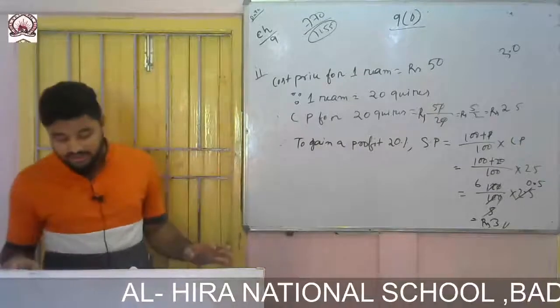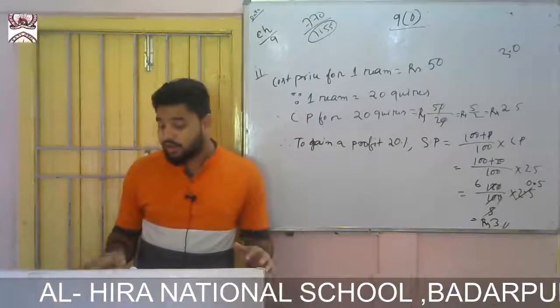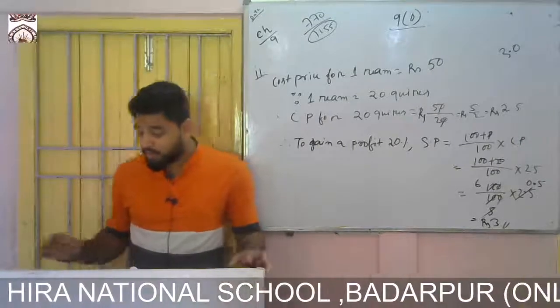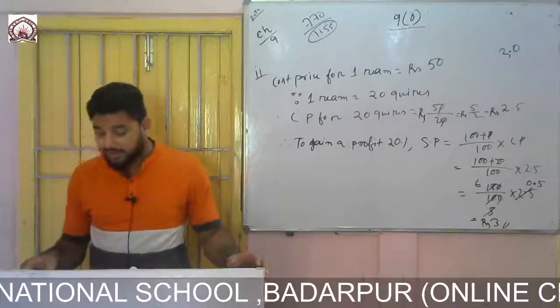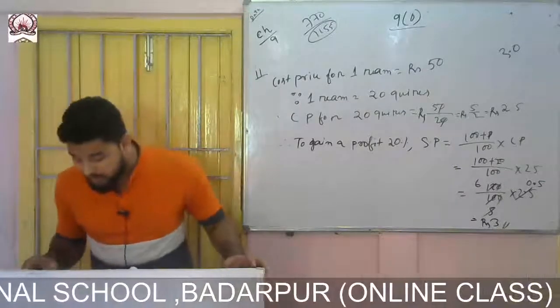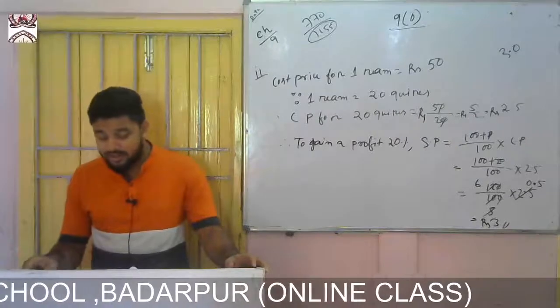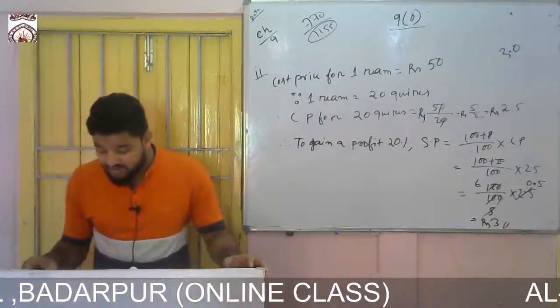So these are almost the same, but here the cost price is a bit more, because there is a transportation expenditure, an octroi charge, and a coolie charge.